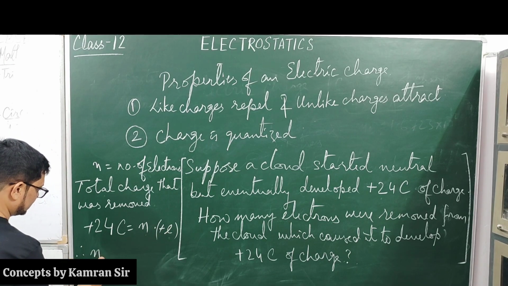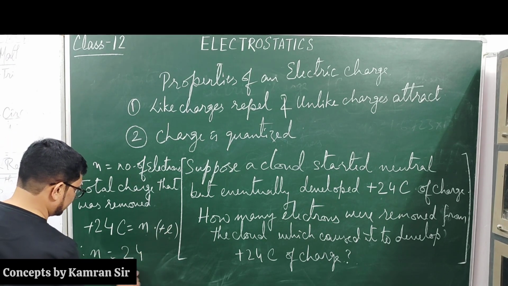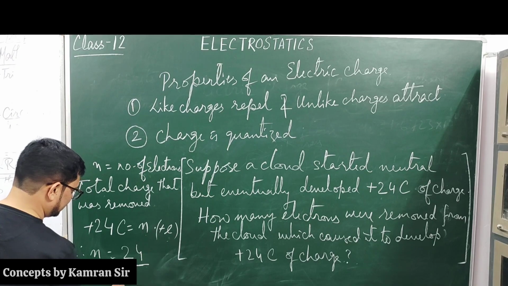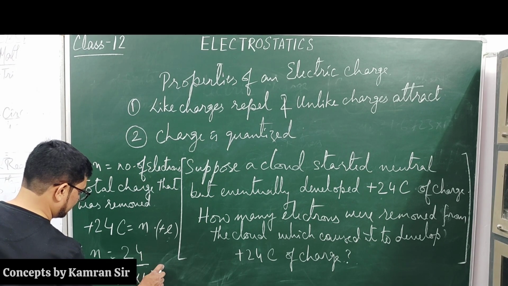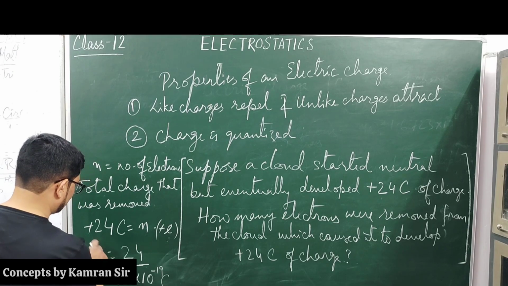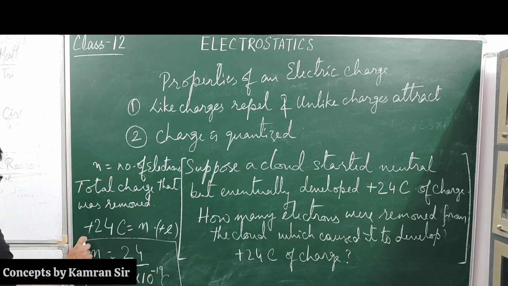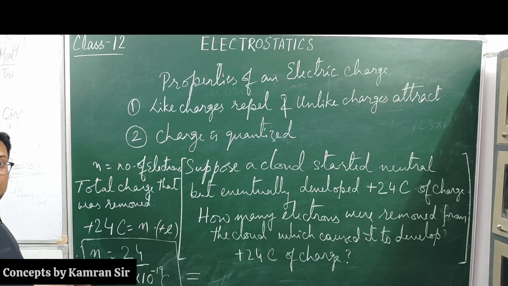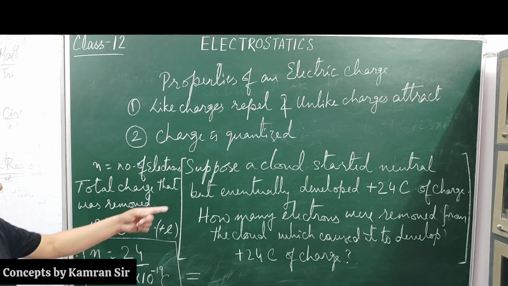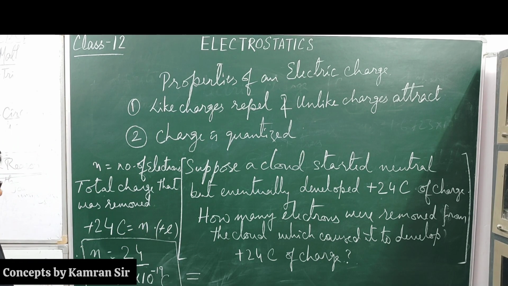Therefore, n is equal to 24 divided by the elementary charge, which is 1.6 times 10 raised to the power minus 19 coulomb. If you evaluate this, you will get the number of electrons that were removed to get this charge developed in the cloud.